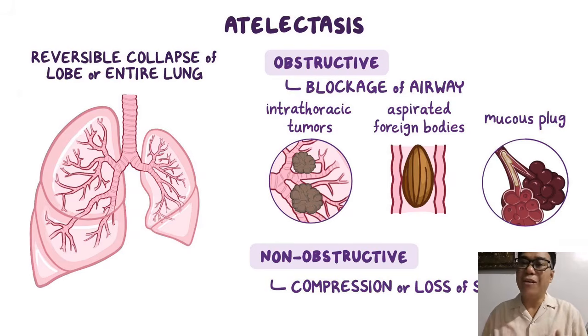Later on it will result in decreased production of surfactant. Because of that it will result in hypoventilation, and it is said that if there is progressive or recurrent hypoventilation, it could lead to atelectasis later on.